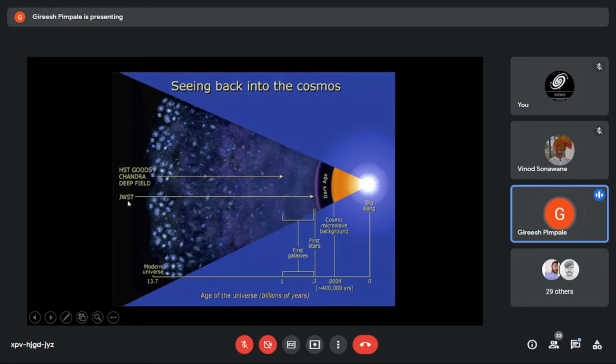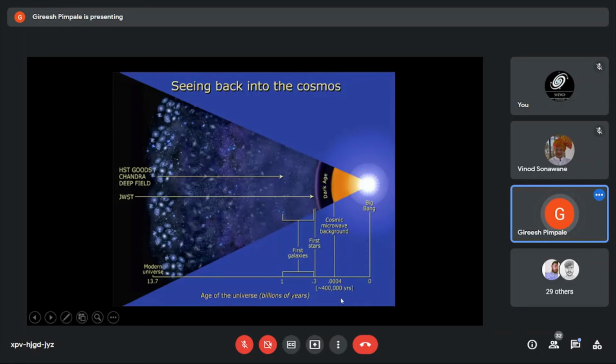What James Webb Telescope is going to do, it is going further deep in space, up to this point. So it will go up to this point, and what does this point represent? 0.3 billion years after the Big Bang.